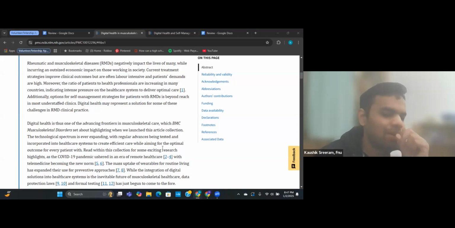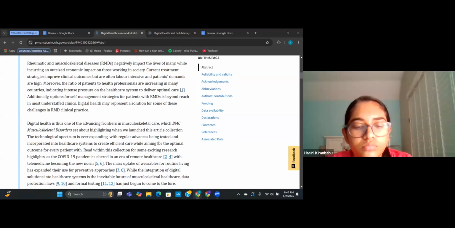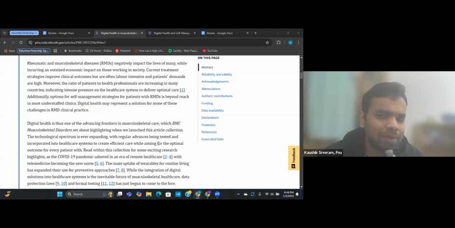So they're mainly focused on the fact that clinics are understaffed and you need a system. Then she's talking about digital health as an option, and that is what she's highlighting. We can use one or two points from here and then take it from there. I would say this is one aspect. Go to the second review paper.